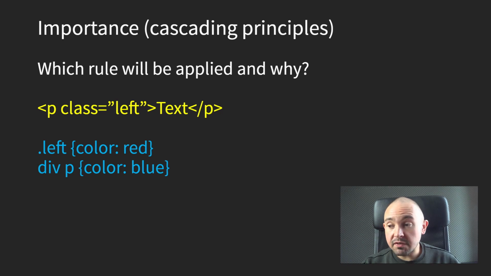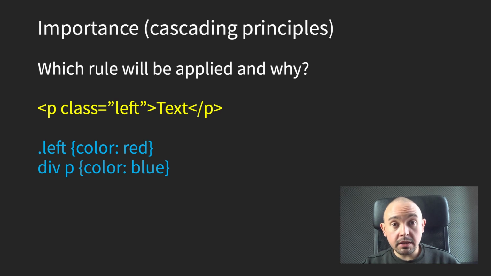The importance of a selector of a rule is the decisive factor. The selectors can be built with tags, with classes and pseudo-classes, and with identifiers, also known as IDs. For each tag in the selector, there's a bronze medal. For each class and pseudo-class in the selector, there's a silver medal. And for each ID in the selector, there's a gold medal.